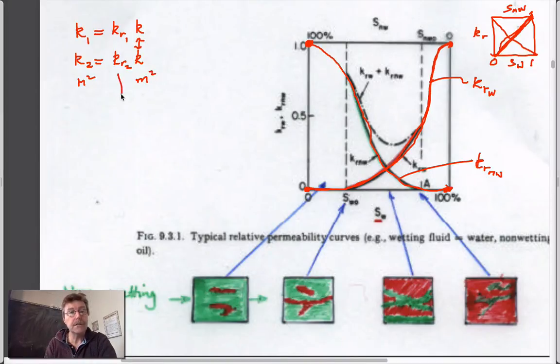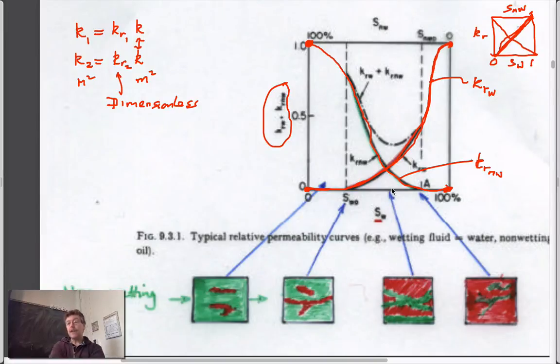Yes, this is unitless, dimensionless. Good question. So relative permeability, these terms on the vertical axis here, like saturation, vary between 0 and 1 and have no units. So it's not a square. It returns whatever the units are of each of these individual values.